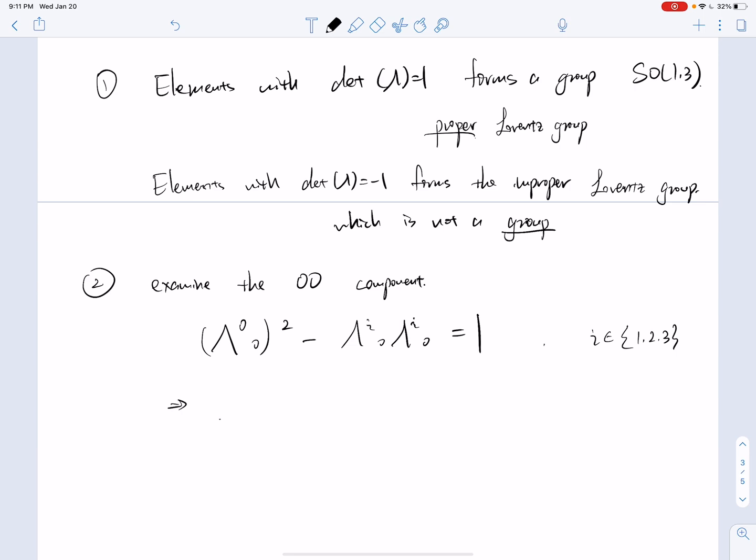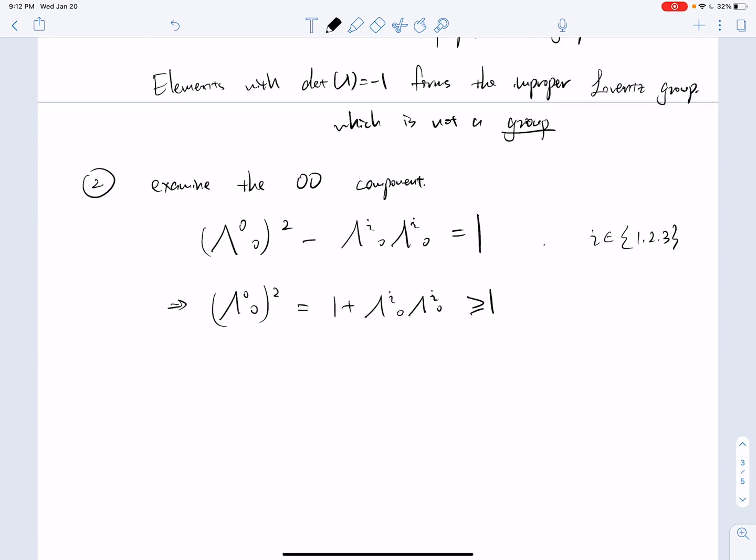This means that Λ^0_0 squared is 1 plus this sum, which is greater than 1 because this is a square, and it's greater than or equal to 0.